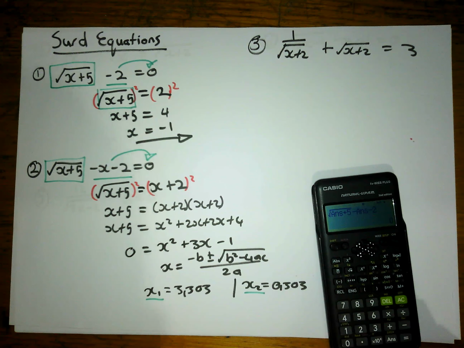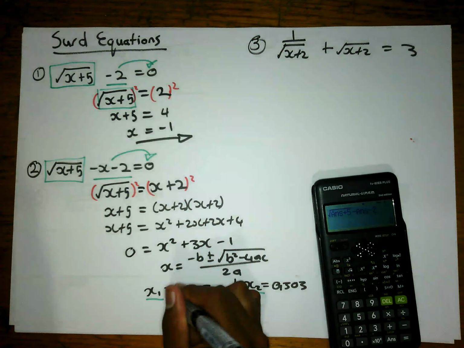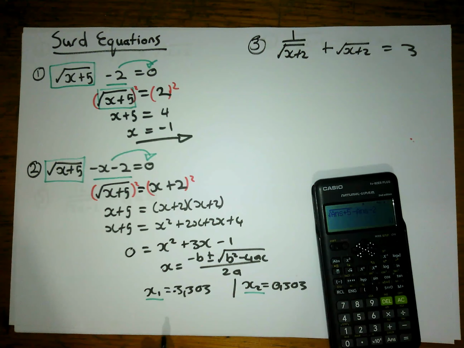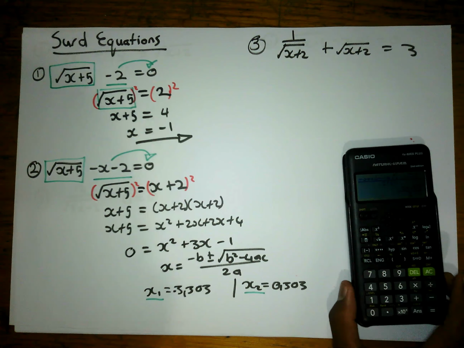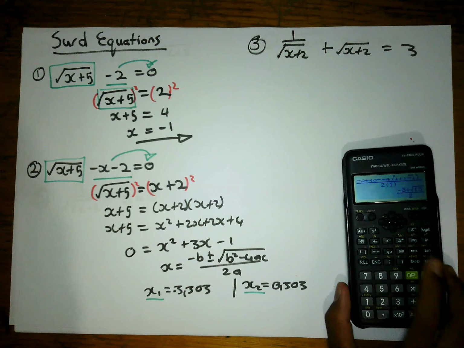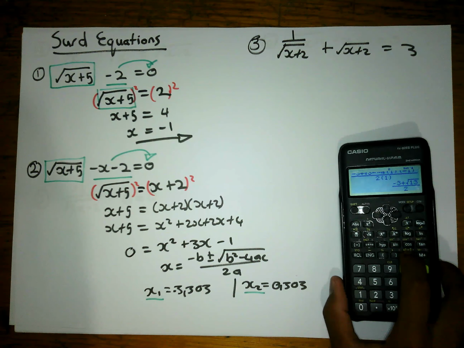So that means this answer works. We are testing now. So let's see when we do the other one, this negative 3.303. I typed it in a calculator and I'm getting that answer over there.